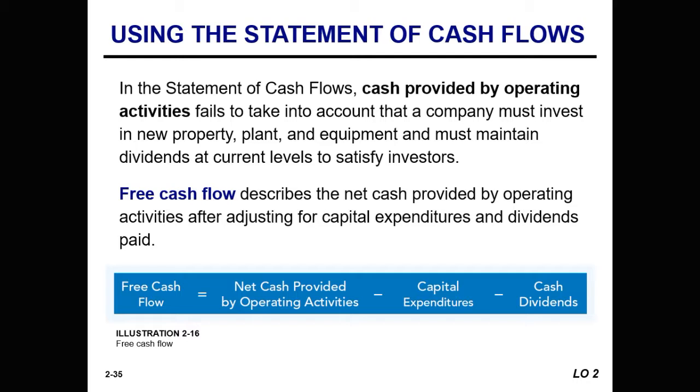It describes the amount of cash remaining from operations after adjusting for capital expenditures and dividends. So in order to just maintain status quo, what is necessary, and then what is left. We calculate this by subtracting capital expenditures and cash dividends from the cash provided by operations.